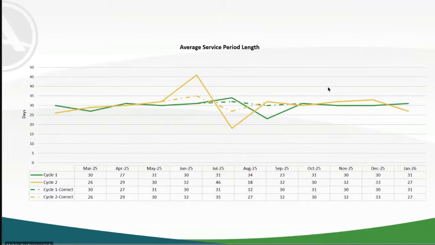If you're responding to 500 meter rechecks, that's delaying the new read, so it's not the initial read at 30 days and then 15 days later, which makes 45. There was a lot of that going on in late 24, but I just wanted to point out that the service period has been normalized. We're in our target range of 27 to 33 days, consistently.